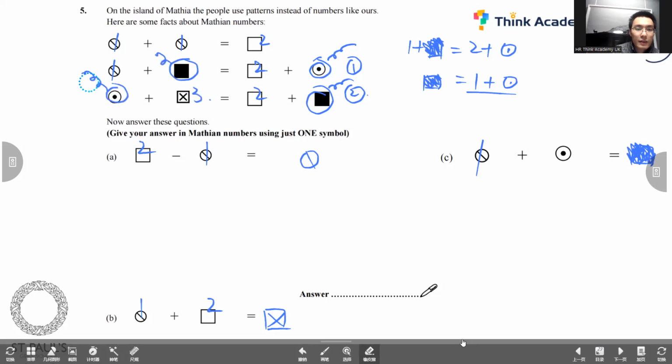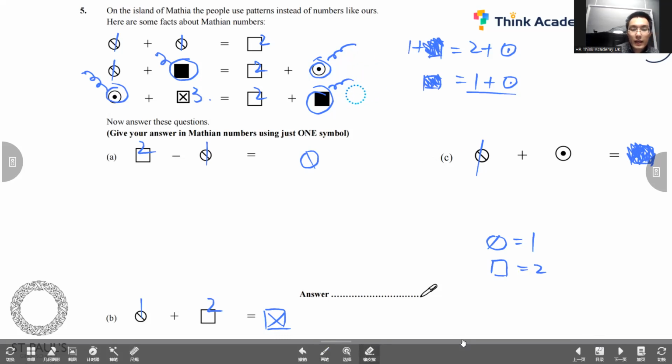From the first equation, 1 plus 1 equals 2, so the square will be 2. Now we know the forbidden sign equals 1 and the hollow square equals 2.